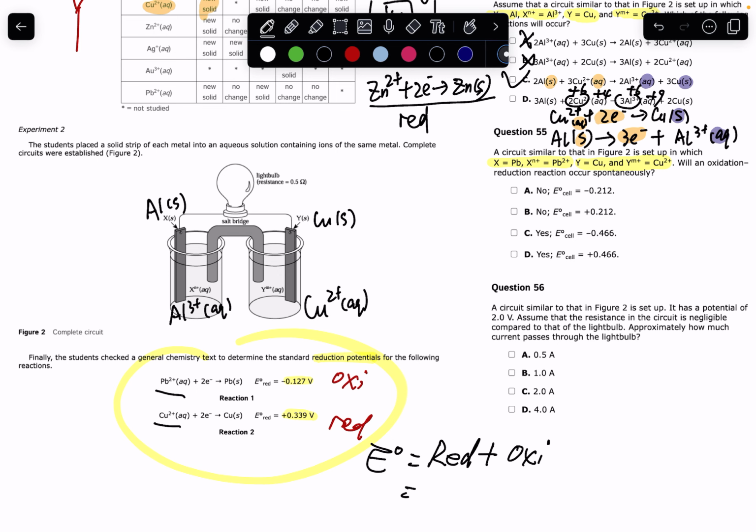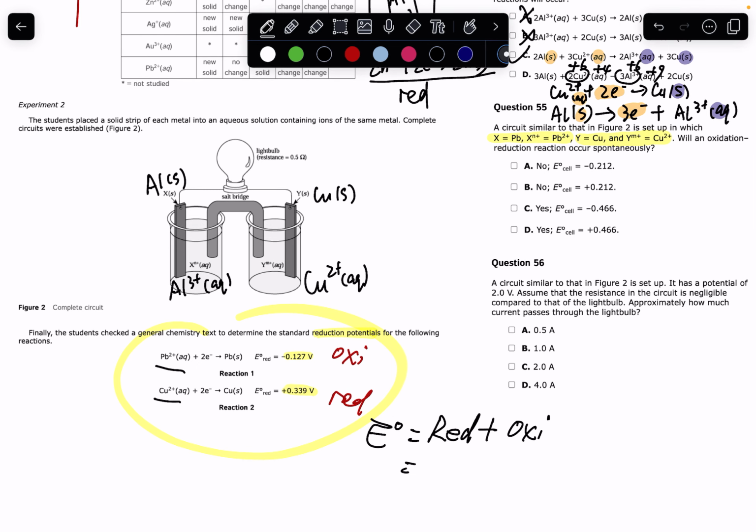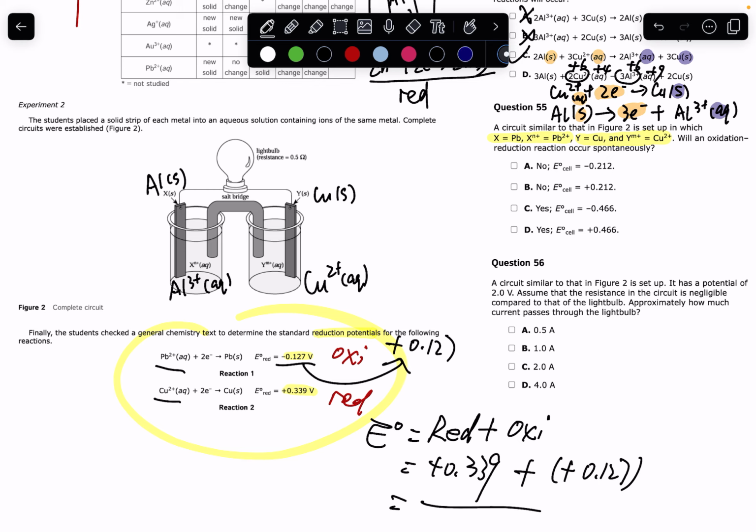The reduction potential of the side that's getting reduced is positive 0.339, plus the oxidation potential of Pb. We need to flip this because this is really the reduction potential of Pb, but now Pb is getting oxidized, so it's positive 0.127.